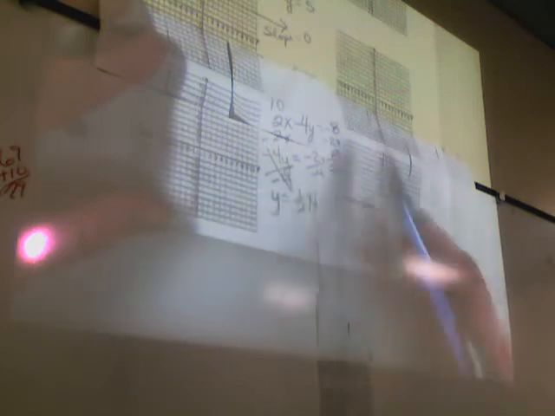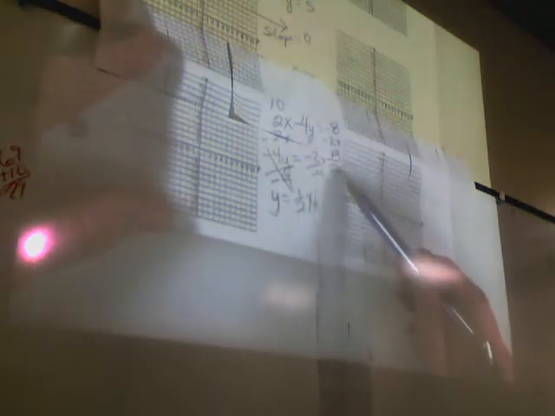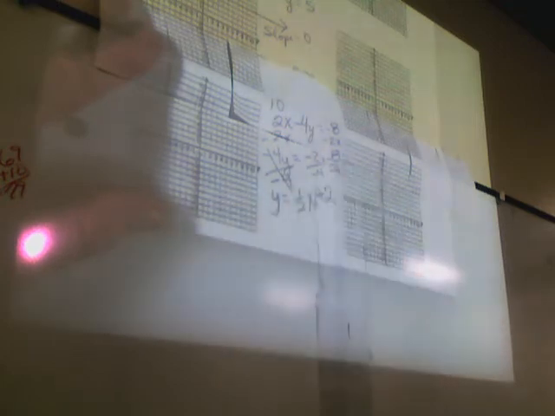You have y equals 2/4, same as 1/2. It'll be positive, correct? 1/2 x. What will this number be? Negative 8 divided by negative 4. A 2, positive or negative? Positive. Okay.